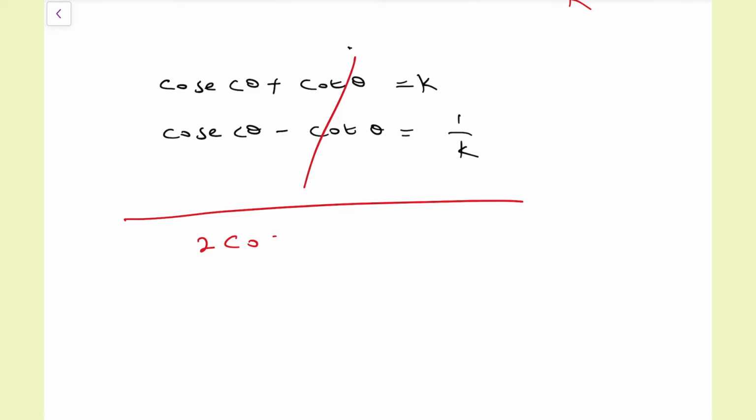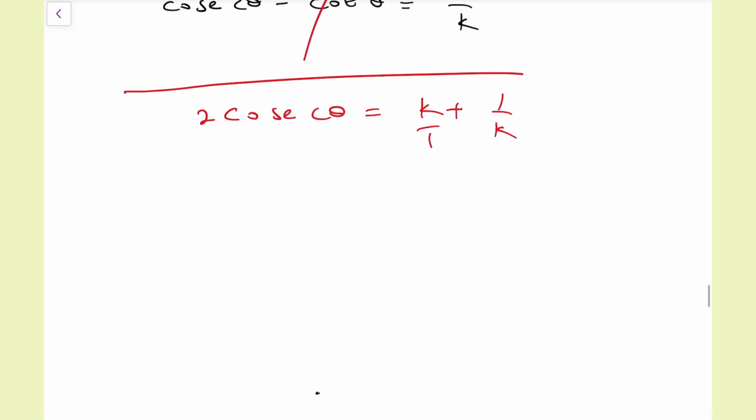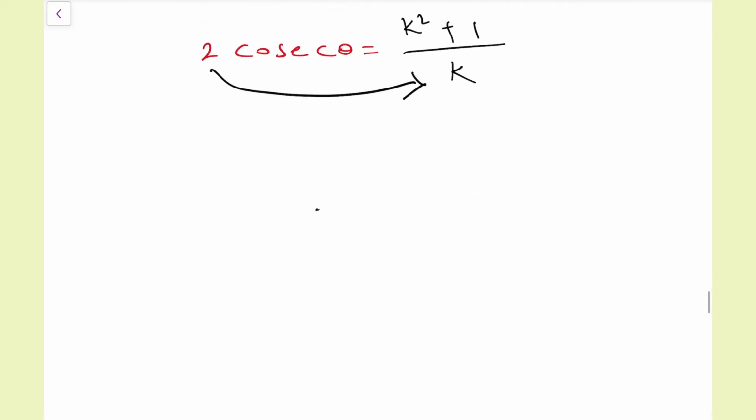Cosec theta plus cosec theta is 2 cosec theta equals k plus 1 by k. Write this k as k by 1. So 2 cosec theta as it is, doing cross multiplication, k into k is k square, plus 1 into 1 by 1 into k. Take 2 also to the right side. So we remain with cosec theta equals (k square plus 1) by 2k.